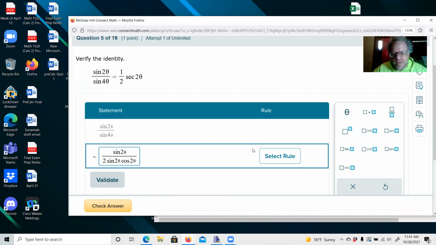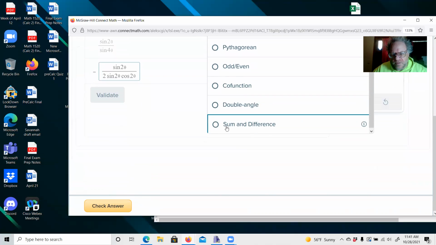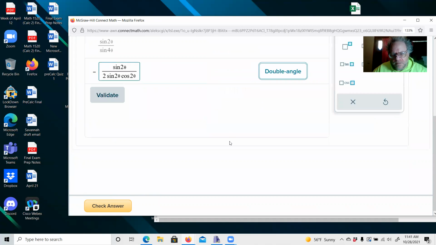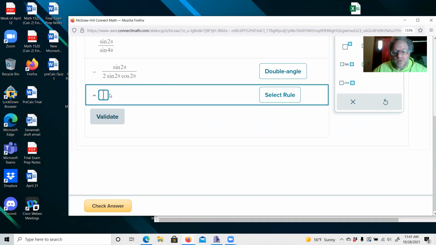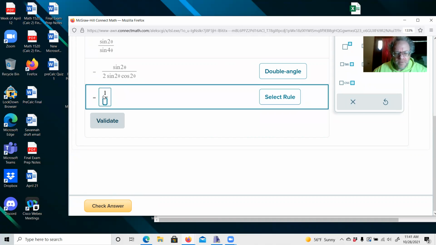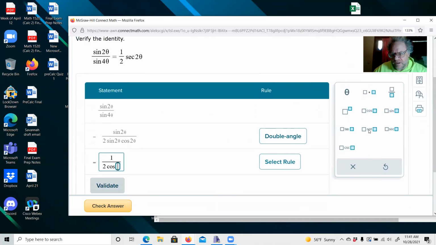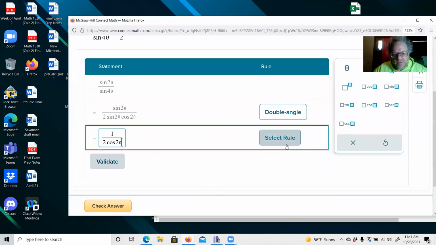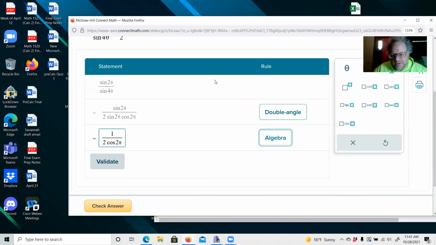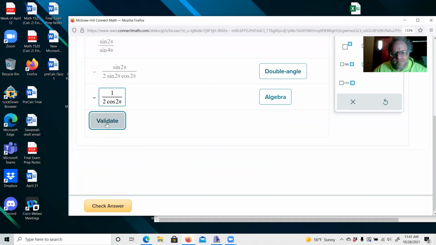We used the double angle rule. Validate. Now this is 1 over 2 cosine of 2 theta. And the rule was that we used some algebra here because we canceled some stuff out.